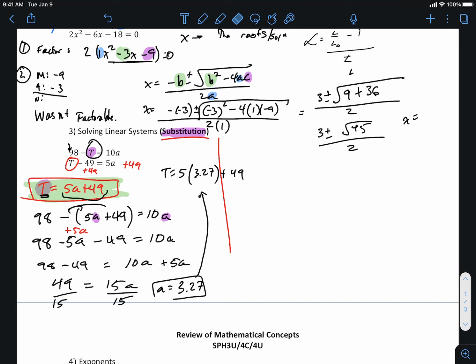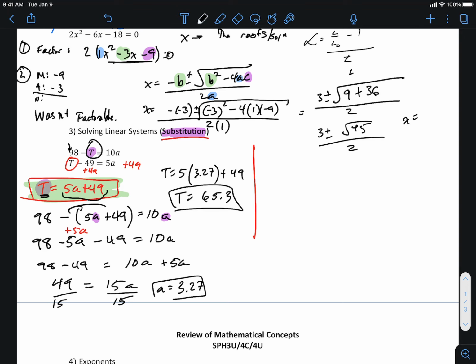So you just do the math, type it into a calculator, and you're done. T should be equal to 65.3.